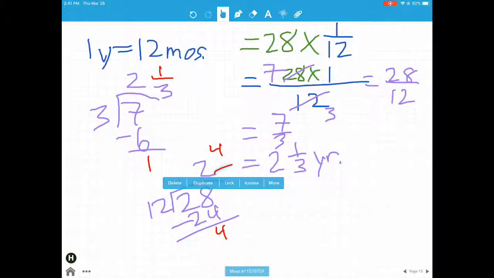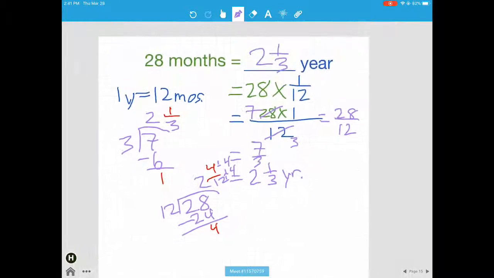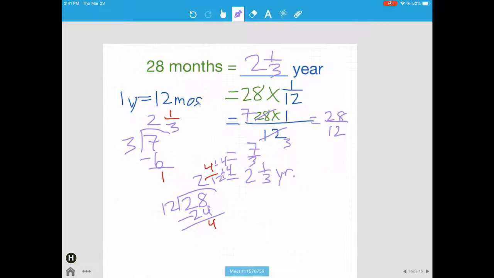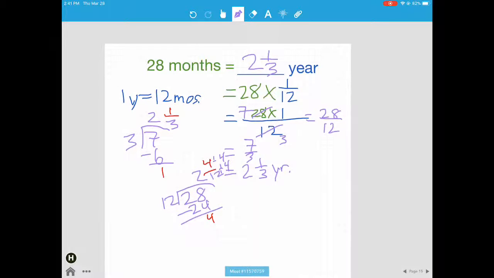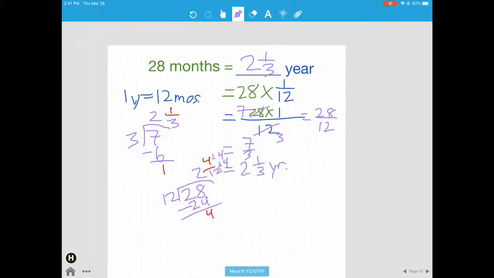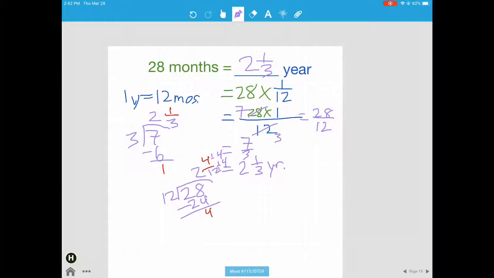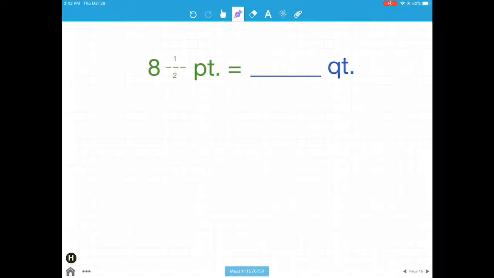Same answer, because 4/12 is the same as 1/3 if I divide this by 4. I'll get 1/3. All right, so here it is again in full. I cross-canceled with the purple to get 7/3. If not, then it would be 28/12, and I would have to simplify that. Turn it into a mixed number and simplify it. Okay, I have one more, I believe. Let me check.